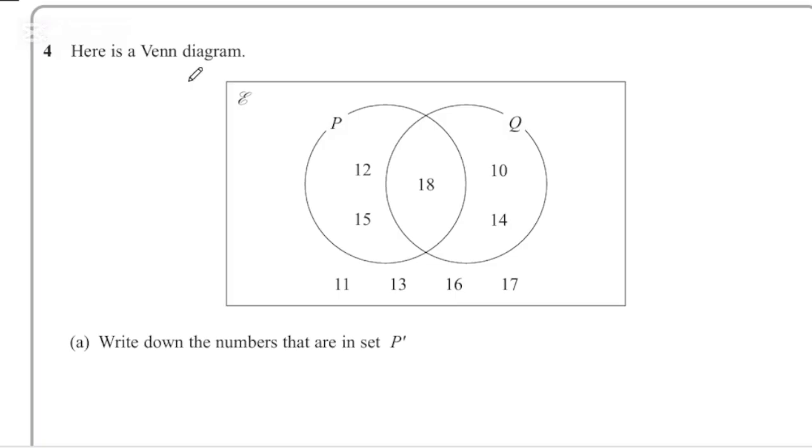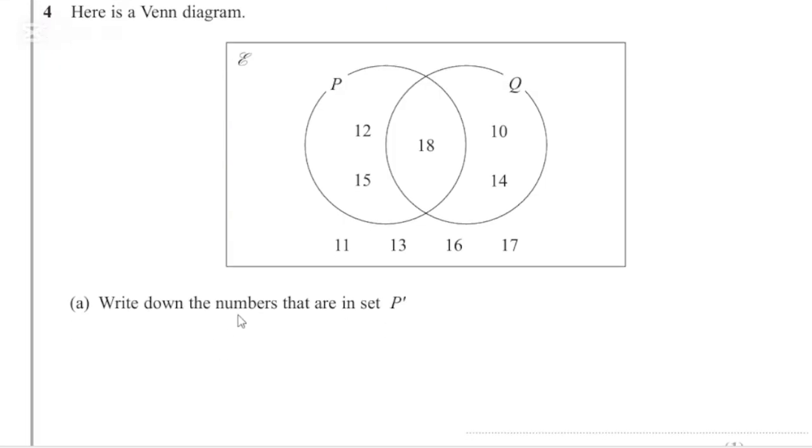Question 4. Here is a Venn diagram. The first part says write down the numbers that are in set P complement. So when we talk about set P complement, we are talking about numbers that are not in set P. All right, so set P alone is this one here.